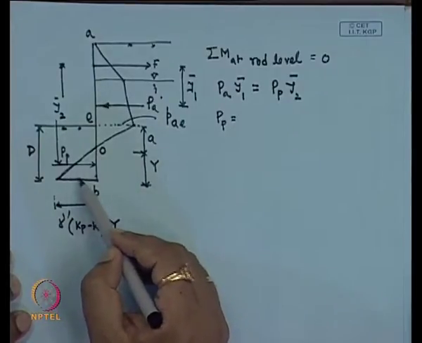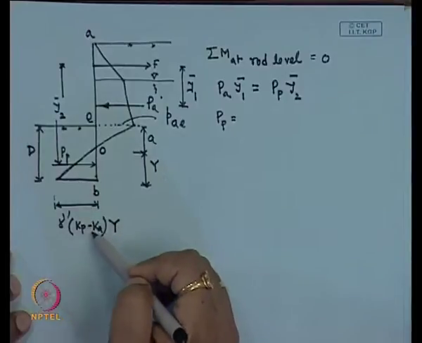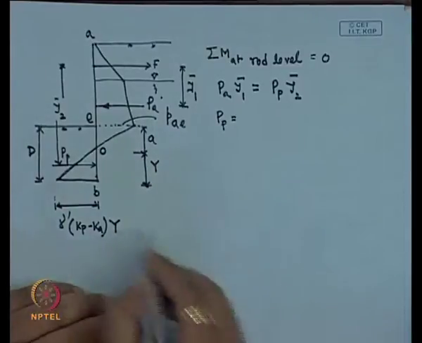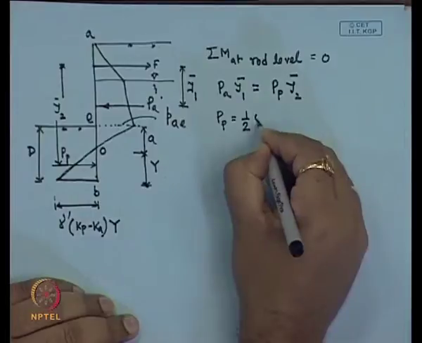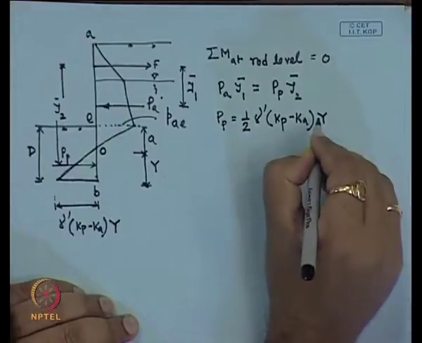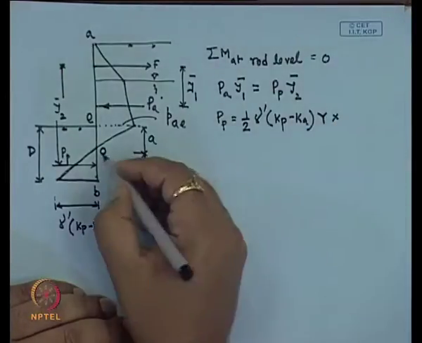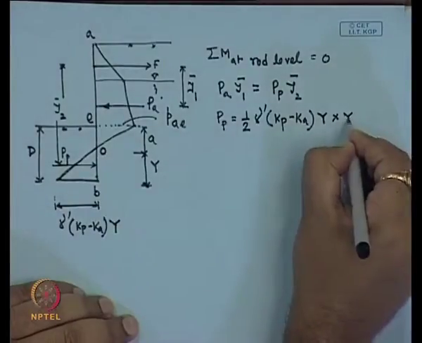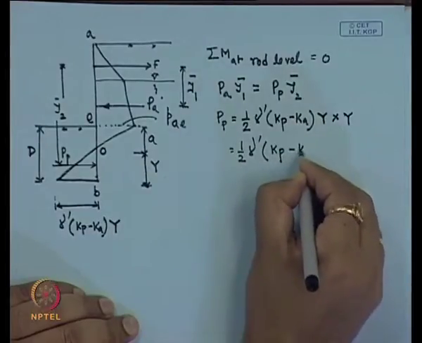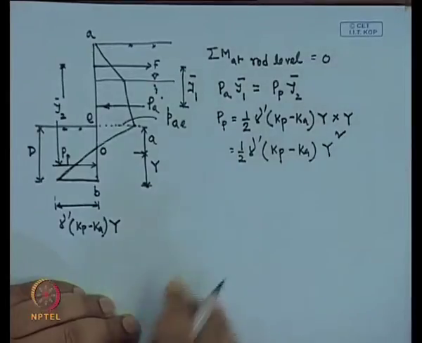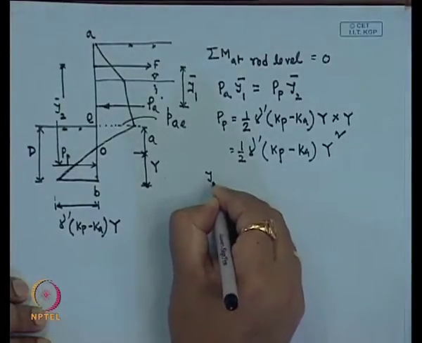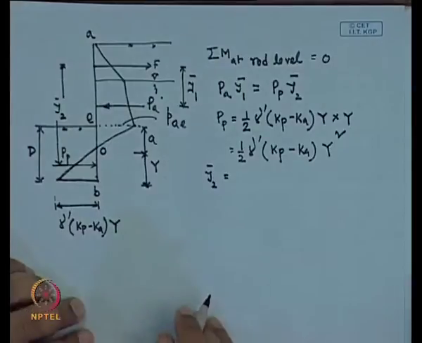So, this is the net pressure, K P minus K A into gamma dash into capital Y. So, P P will be half into gamma dash K P minus K A into capital Y, into capital Y. So, this will be half gamma dash K P minus K A into capital Y square.